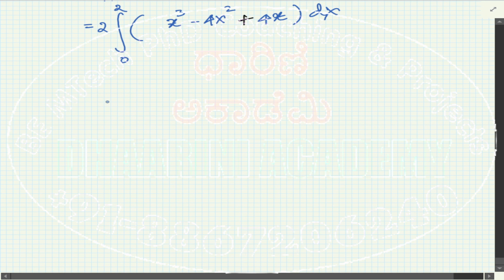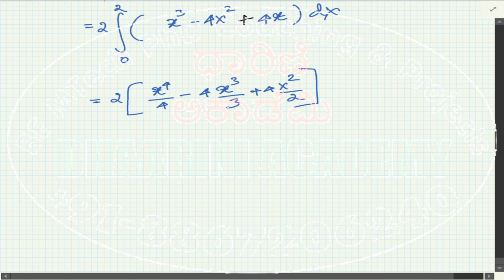So now we need to integrate this function as it is. So this is 2 times x cube becomes x to the 4 by 4 minus 4 times this is x cube by 3 plus 4 times x square divided by 2. This cancels with this as 2.